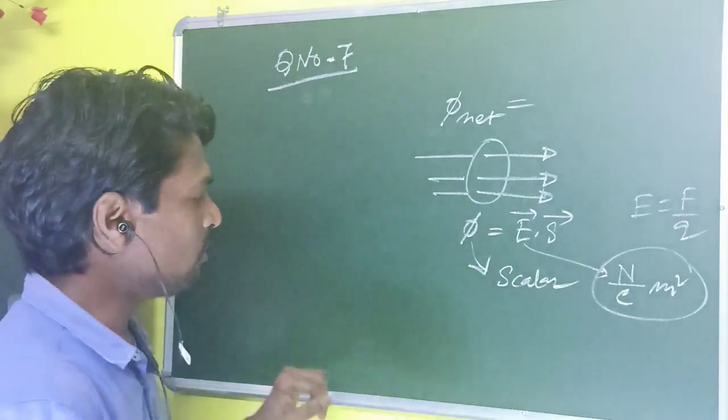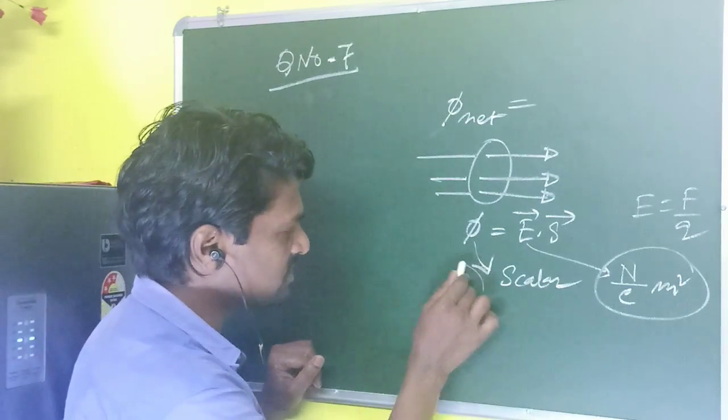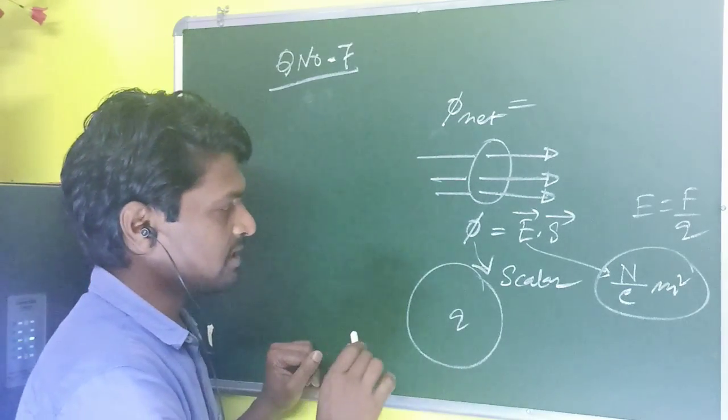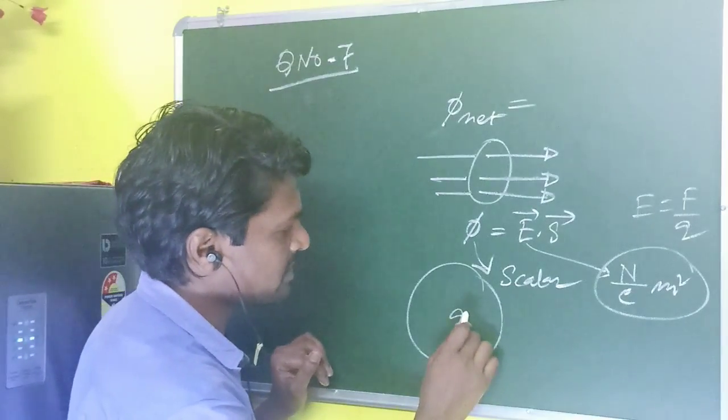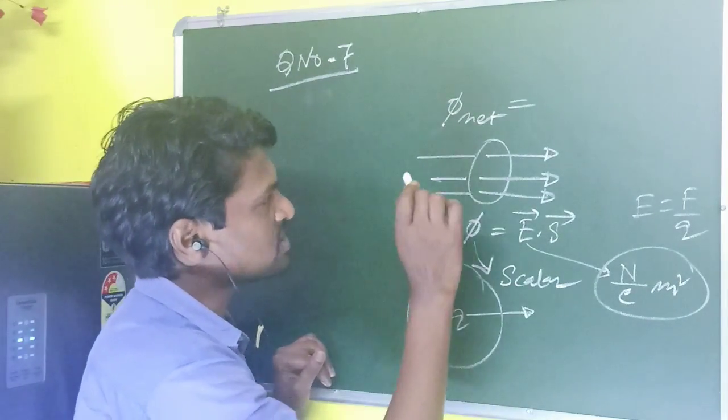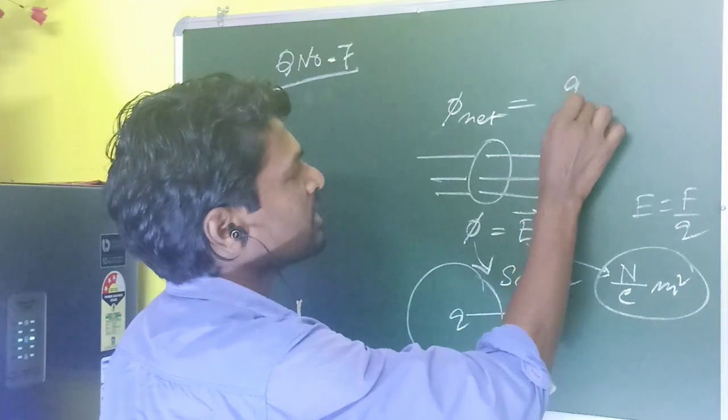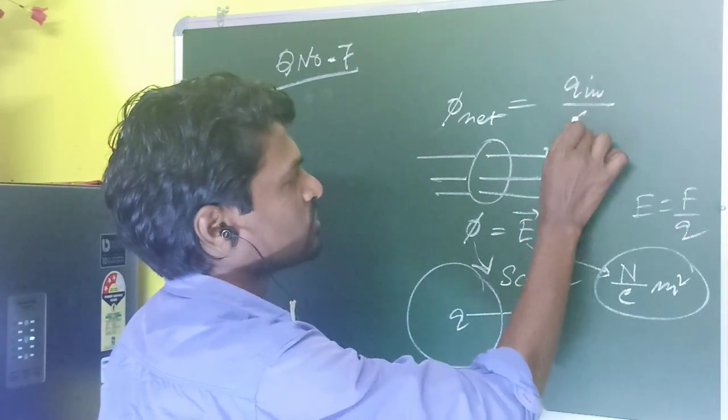But if you want to calculate the net flux through a closed surface, or a hypothetical Gaussian surface, it is simple: phi net equals Q inside by epsilon naught. That is the main point.